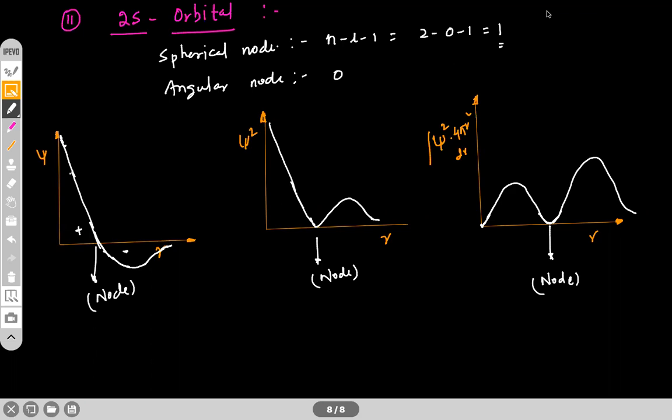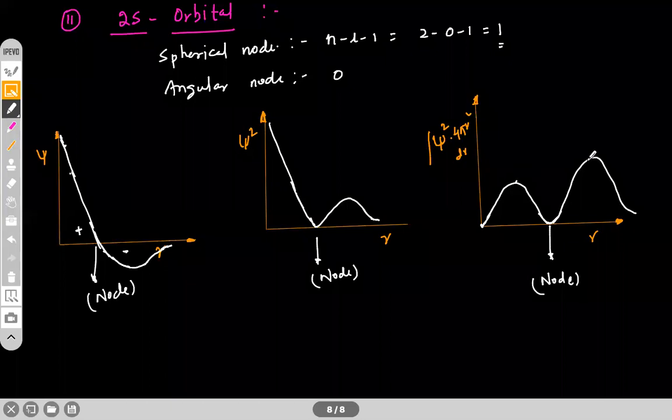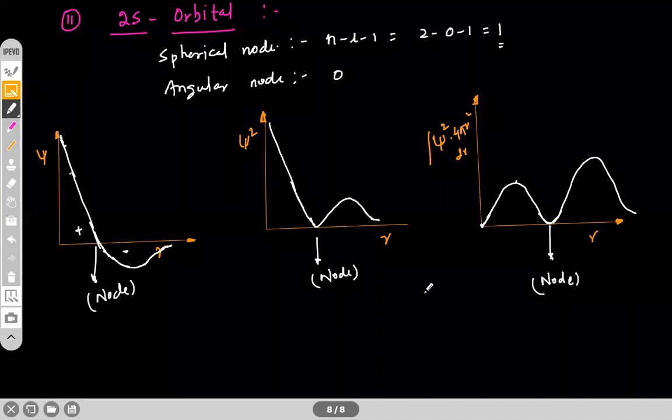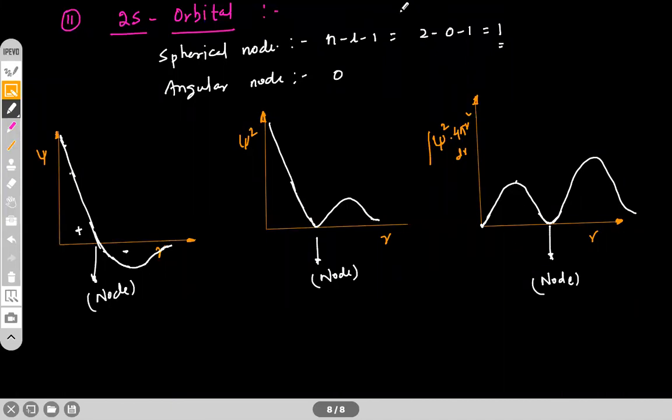Now, if you get a graph like this, usually in the exam or in the question, you'll get a probability graph. So you can actually conclude a few things from this graph. One is the number of peaks that you have here, right? So we have two peaks and one node. So the number of nodes is one less than the number of peaks in the graph. Sometimes they also ask which graph is correct for a particular orbital.